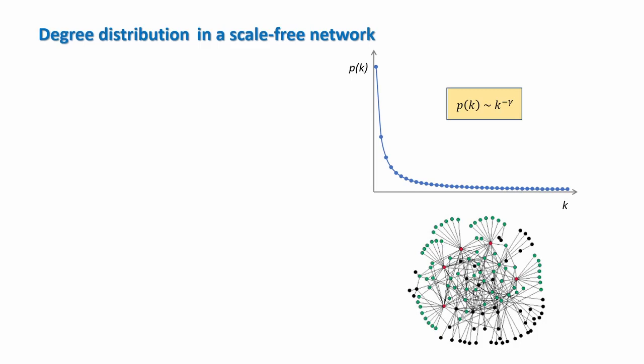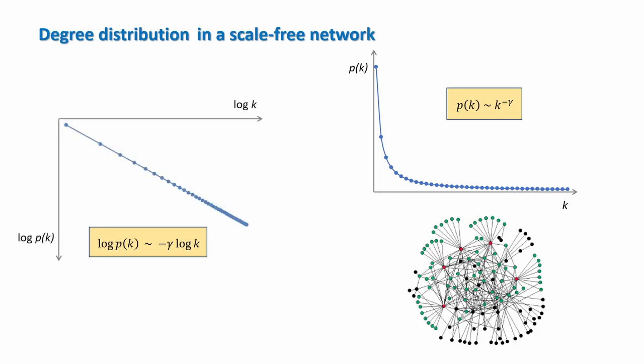When we logarithmize this proportionality, we see that log pk and log k are in a linear relationship, with minus gamma as the slope. That is, when we put the degree distribution of the former diagram into a double logarithmic scale, we get a declining straight line. This is often used as an empirical measure to determine whether a given network is of scale-free nature.